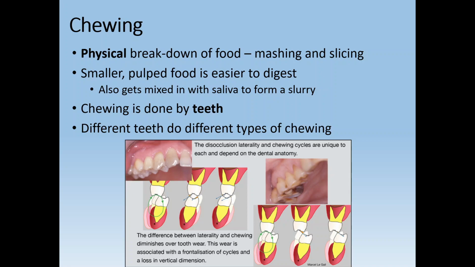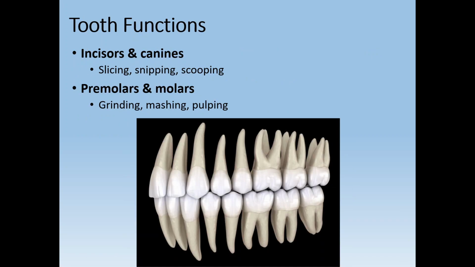The chewing portion is done by your teeth. And as I mentioned on Friday, there are different types of teeth that are going to be doing different types of chewing. So you can break it down into really two regions of the mouth. The anterior portion, so right in the front and then a little bit off to the sides, you have your incisors and your canines.